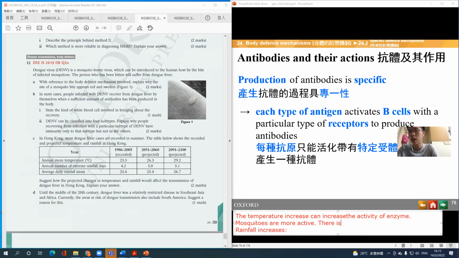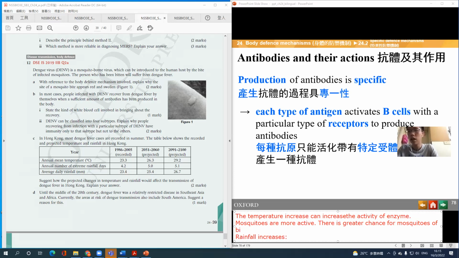There is a greater chance for mosquitoes to bite different people and spread the disease. Okay, this is point 1.